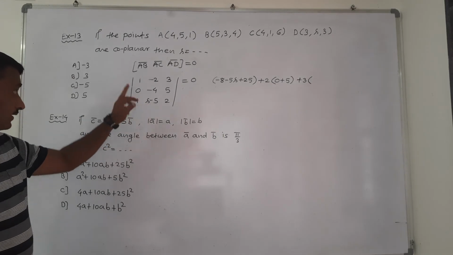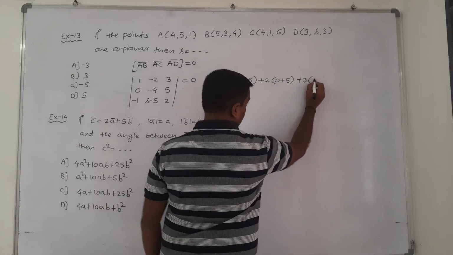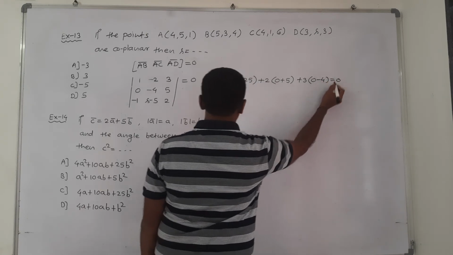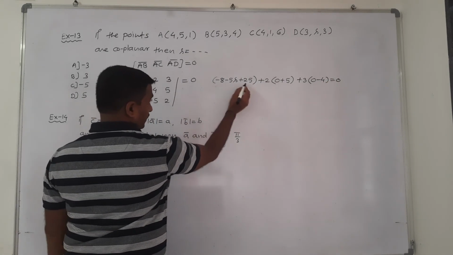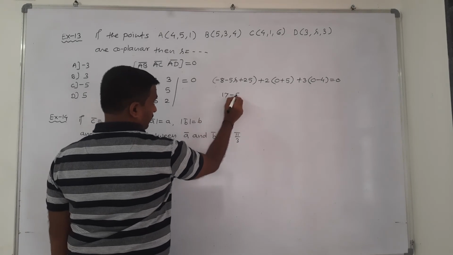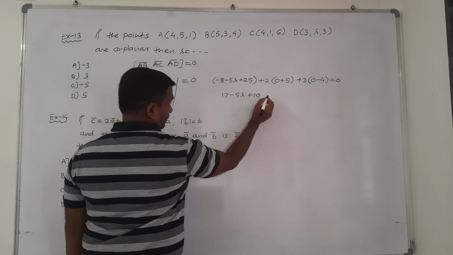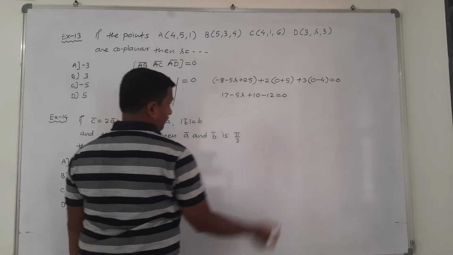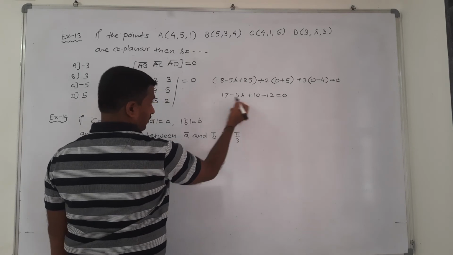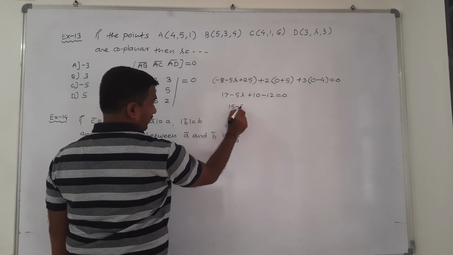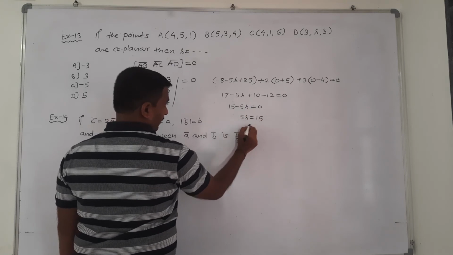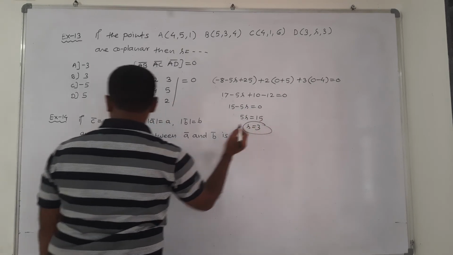That 0 is neglected, it is minus 4, and 0 minus 4 is equal to 0. Simplify: minus 8 plus 25 is 17, minus 5 lambda plus 10 minus 12 is equal to 0. That is 10 minus 12 minus 2, and 17, it is 15, minus 5 lambda is equal to 0. Therefore 5 lambda is equal to 15, lambda is equal to 3.